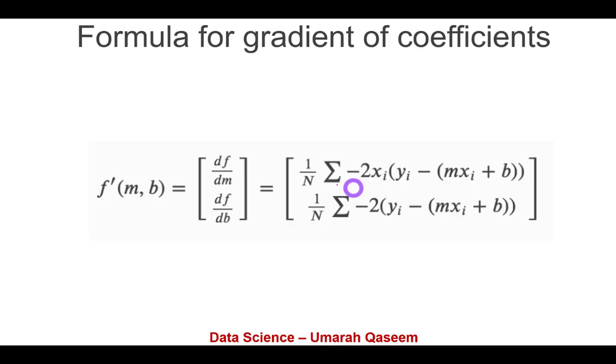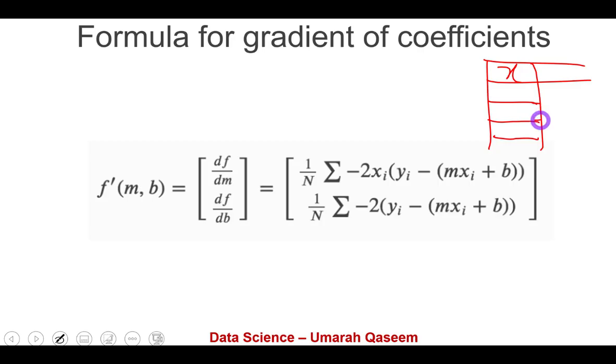Okay, so one more thing. What does this summation mean? It means that we have to find the value of this equation for all the values of x, and then we'll sum it up. So let's say this is our x, and we have, let's say, three different values of x. So what we will do is we will put the first value here and find the answer, and then the second value, and then the third value.